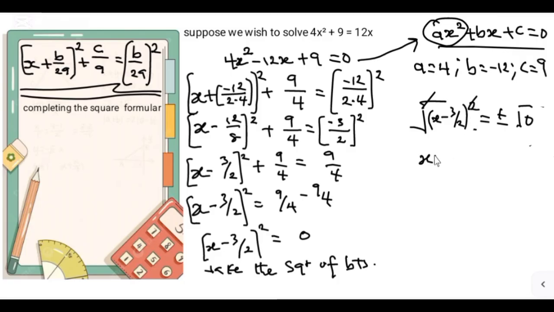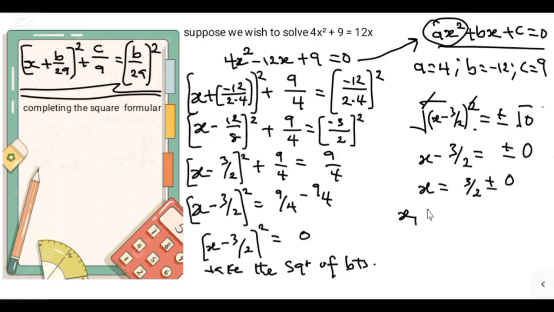What you have is x minus 3 over 2 equals plus or minus the square root of 0, which will give you 0. So your solution is x equals 3 over 2 plus or minus 0.